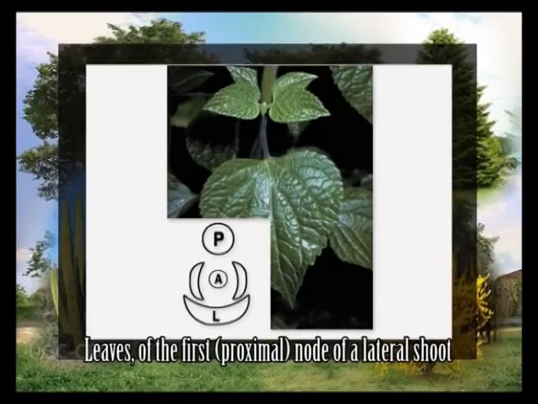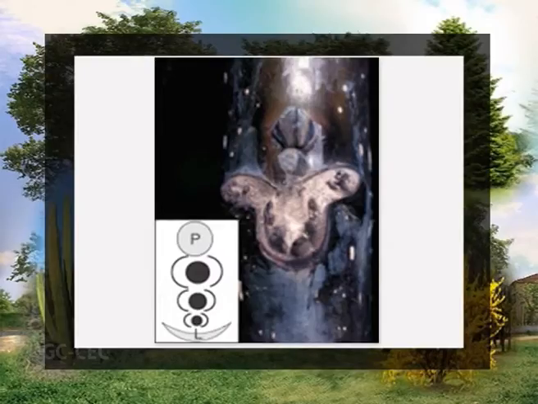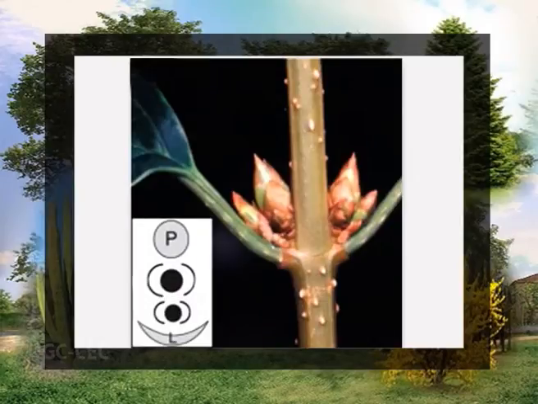The resulting lateral branch is characterized by the presence of one or more prophylls, which are the first foliar organs of the lateral axis. In some plants, there is at a single leaf axil more than one axillary meristem, which are then called supernumerary or accessory buds.